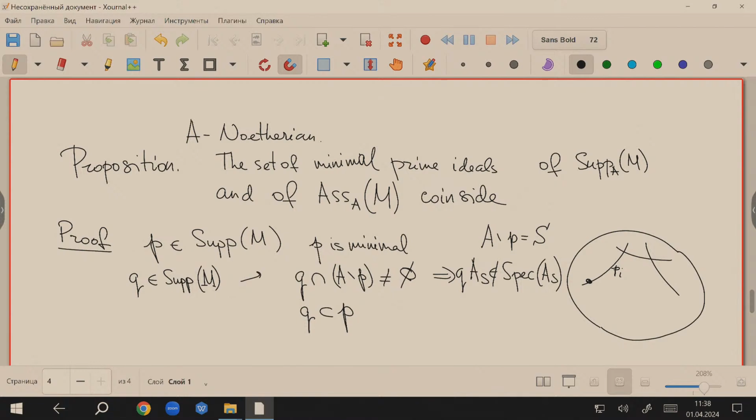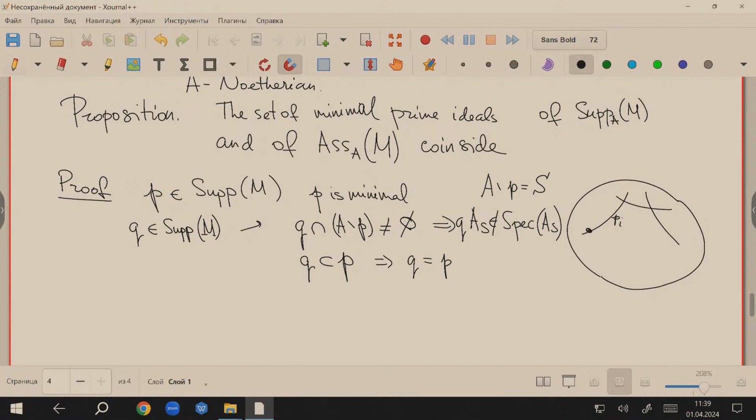And this is not possible. Since P is minimal, this implies that Q is equal to P. So when we consider the support of the localization M_S over A_S, it is just equal to P.